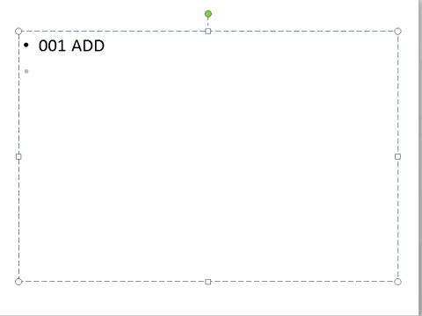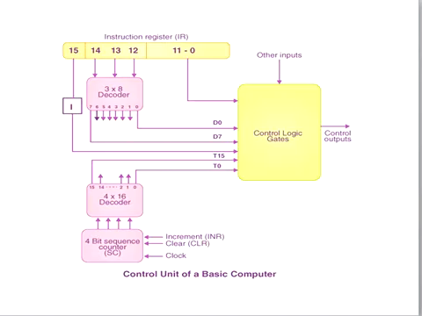We already said there are 3 inputs, 000 to 111, total 0 to 7, so D0, D1, D2, D3, D4 and so on up to D7. Here we have taken the input 001, so D1 will be activated. That D1 signal is sent as input to the control logic gates, so that the control unit instructs the CPU and memory to perform the add operation.